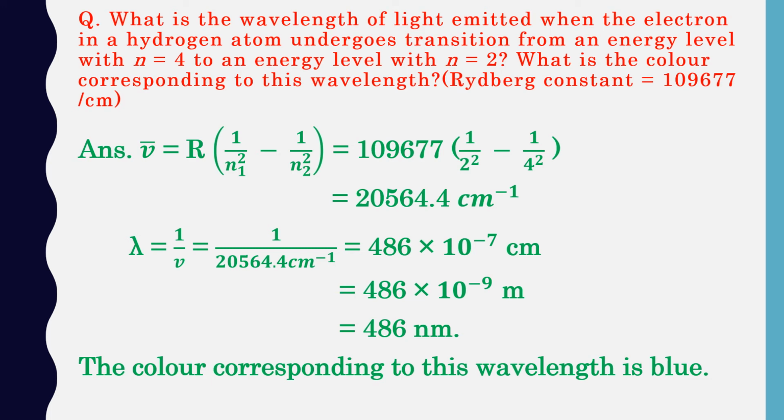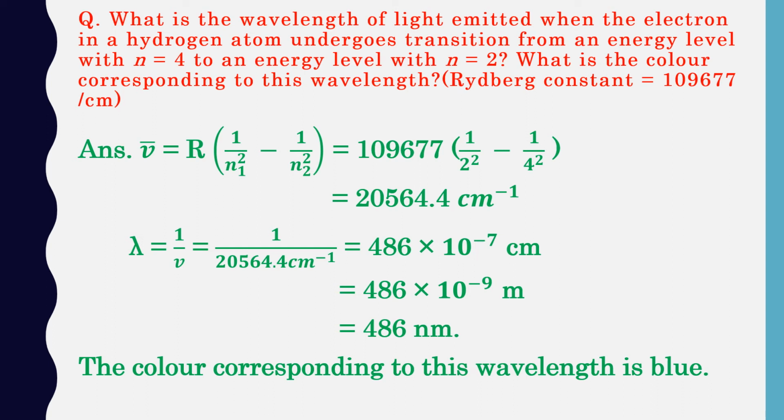By substituting the values of R, n1 and n2, we get the wave number as 20564.4 per centimeter. After getting the wave number, we know that taking its reciprocal gives the wavelength.